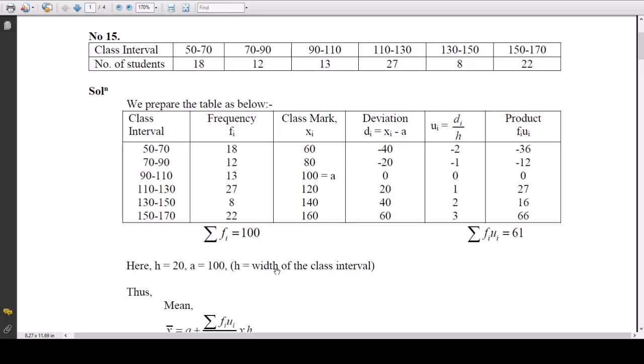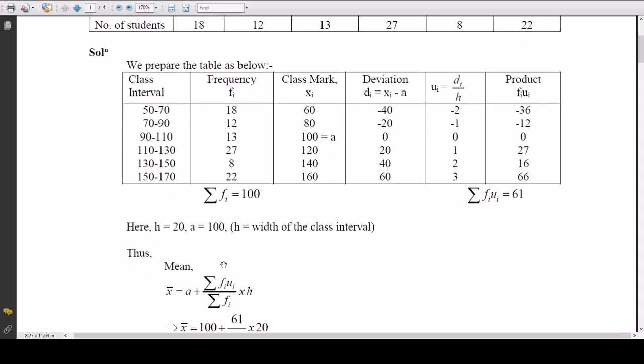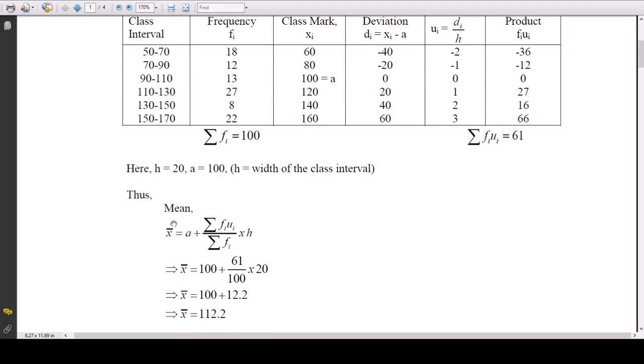Thus the mean will be given by this formula: A plus summation of fiui divided by summation of fi, multiplied by H. You remember, this is the formula for finding the mean using the step deviation method. Clear? A is the assumed mean, which is 100.